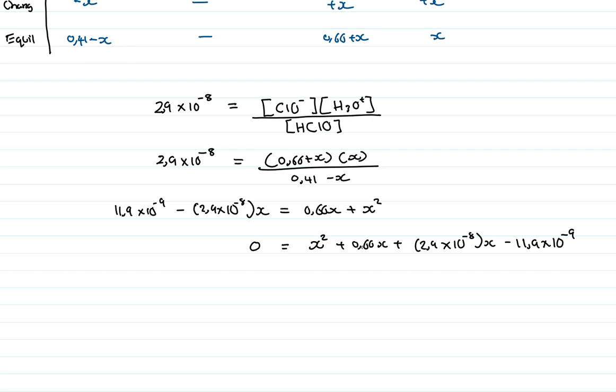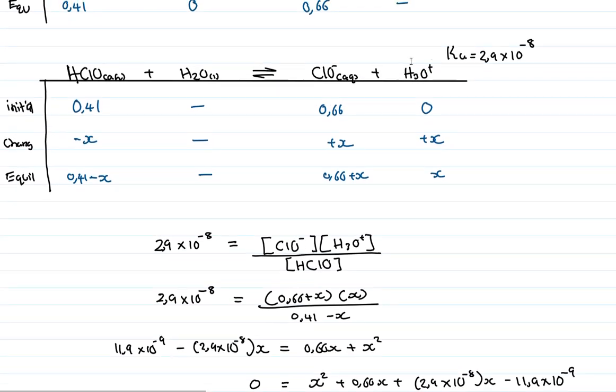So then I can add the like terms, plug this into my calculator and solve for x. And the value for x is 1.8 multiplied by 10 to the power of negative 8 molar. So that is the concentration for the hydronium ion.